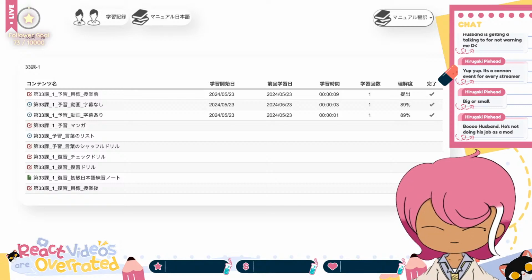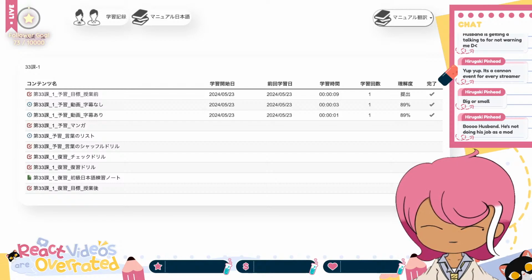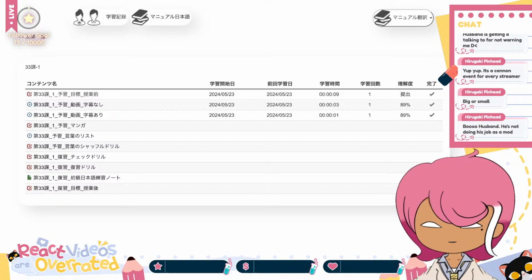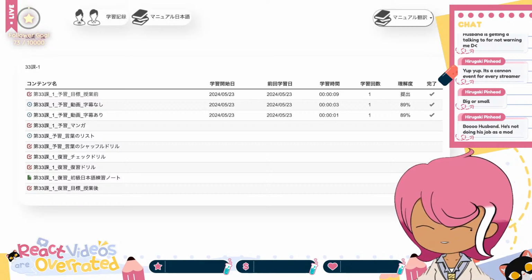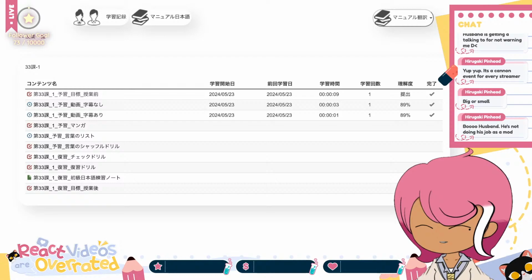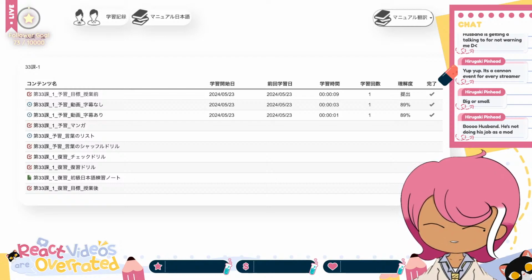Let's see. と言っていました. So using plain form for this one. と言いました is used for quoting what someone said, while と言っていました is used to report what someone said. So for example, 田中さんは明日休みますと言いました.